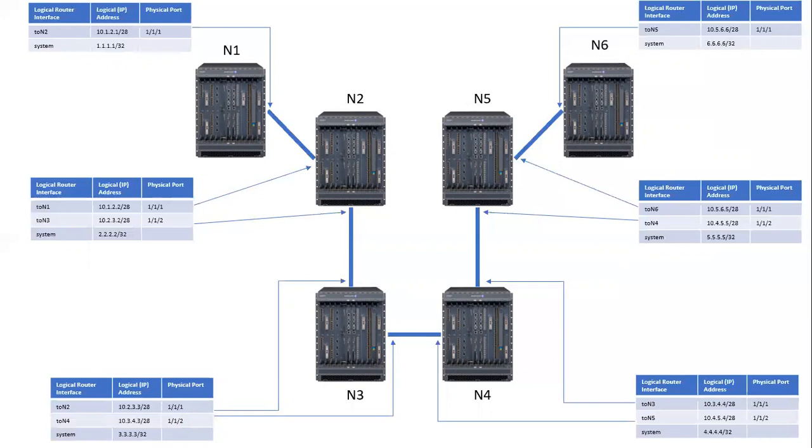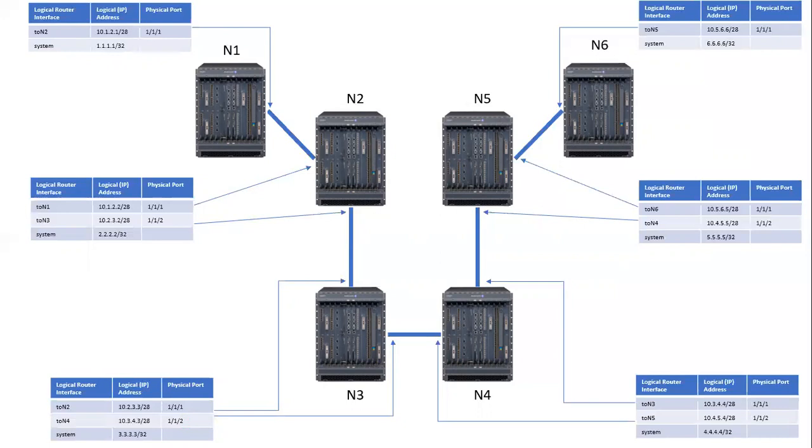So for example, on N1, our system address, which is synonymous with a loopback 0 interface or a LO0.0 for Juniper interface, we're going to address that 1.1.1.1/32, and we're going to rinse and repeat that for all of our service routers.